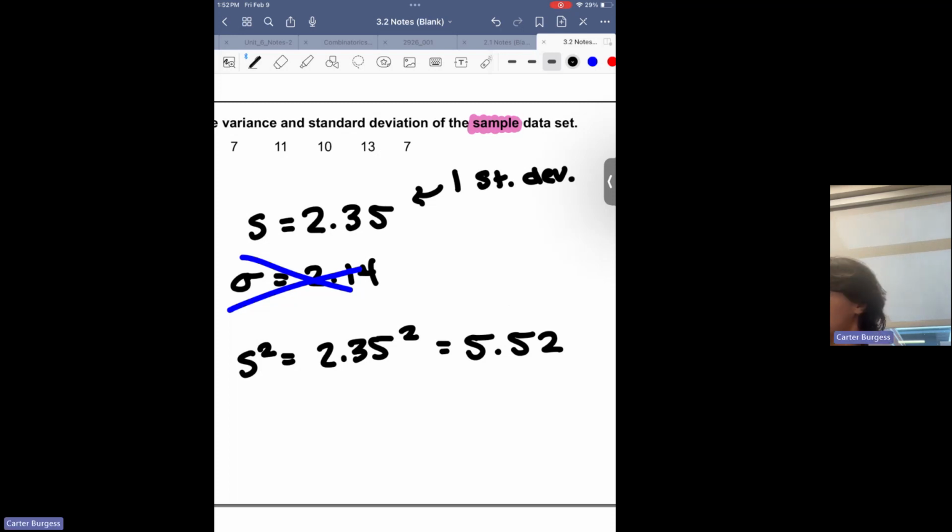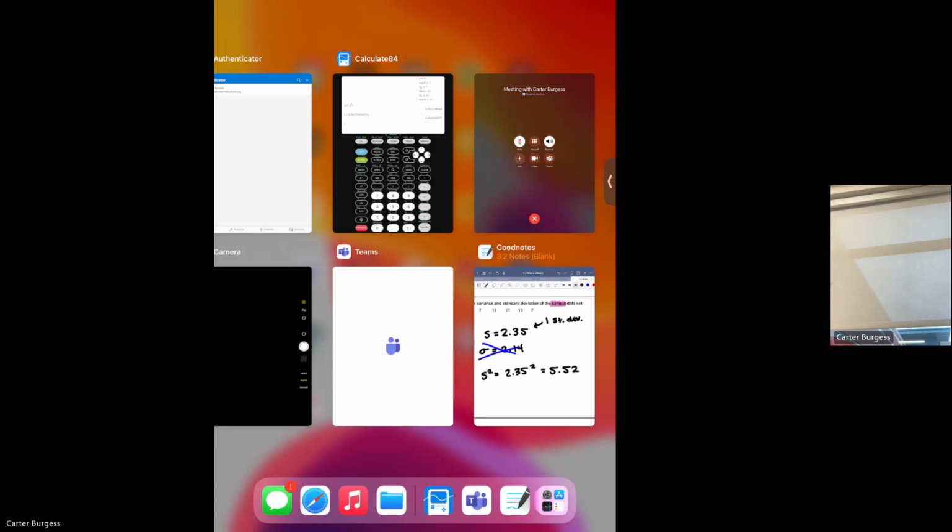What should we do? No, that's overthinking it. What should we do to figure out, I know what one standard deviation is. How do I turn this into 1.3 standard deviations? Multiply by 1.3. All right, so we have 2.35. 1.3 of this is going to be about 3-ish.